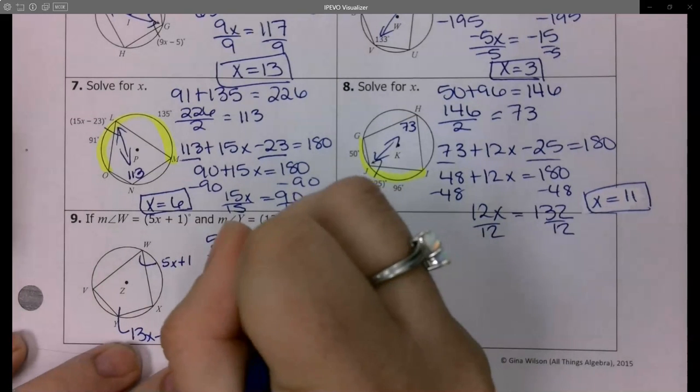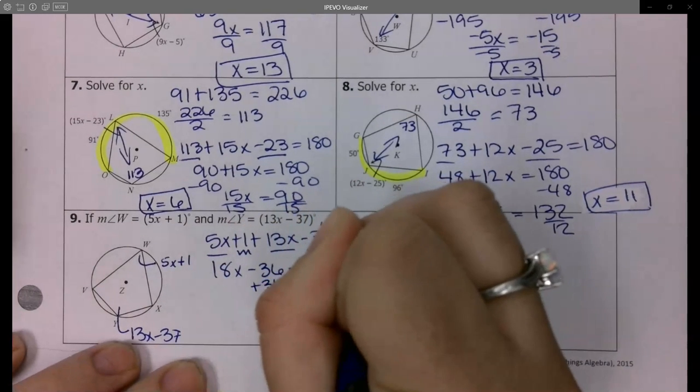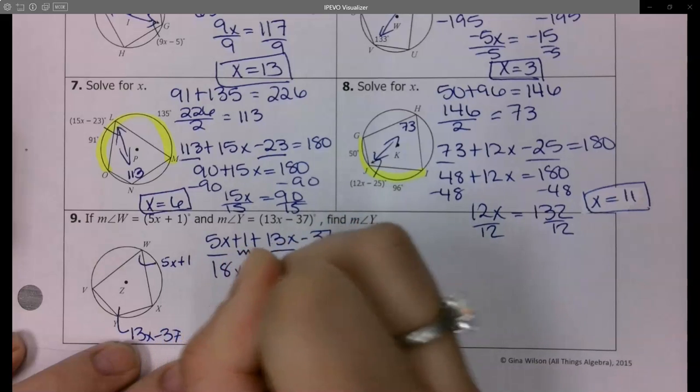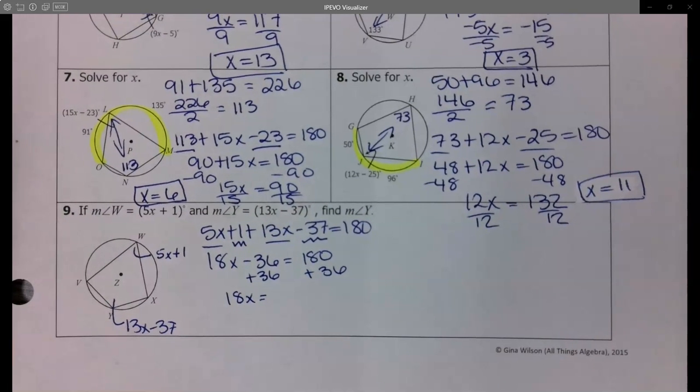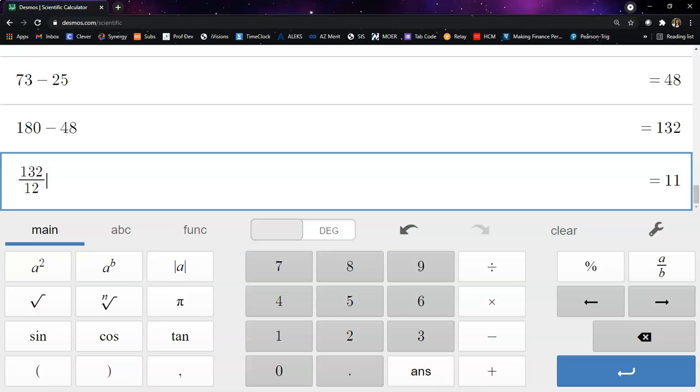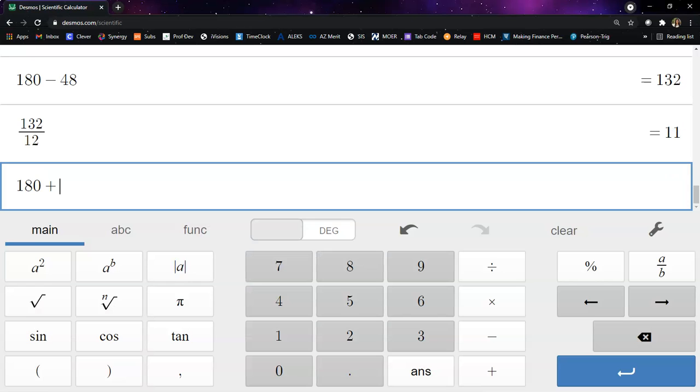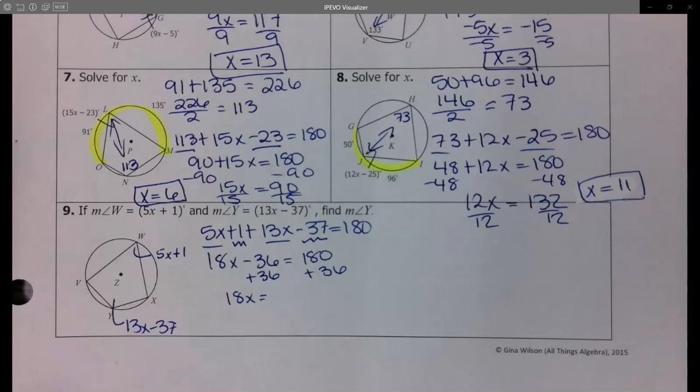Then I want to go ahead and add 36 to both sides. So 180 plus 36 gets me 216.